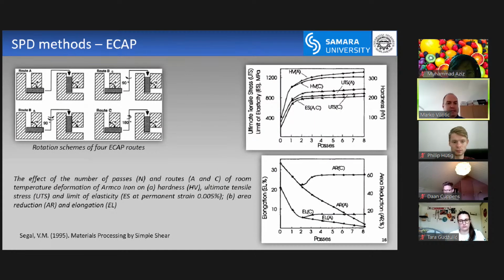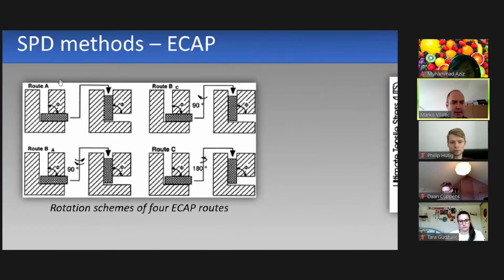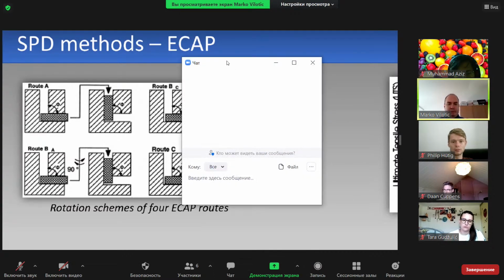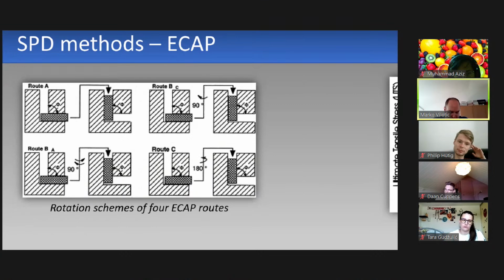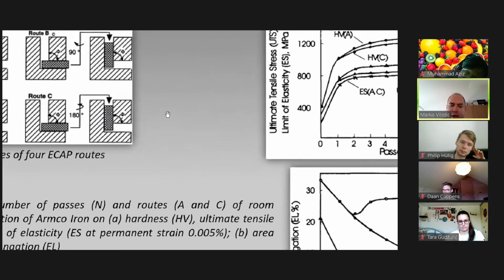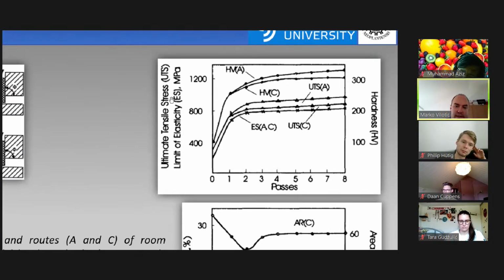So, for example, they have different names. Maybe you can see if I zoom like this. The names are route A, route B_A, route B_C, and route C. This is how scientists agreed on these routes, so everybody knows what's going on. Depending on how you rotate it, you will get different material properties. In this chart, they consider ultimate tensile stress and limit of elasticity.